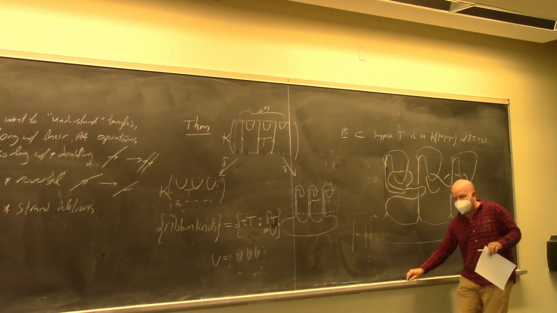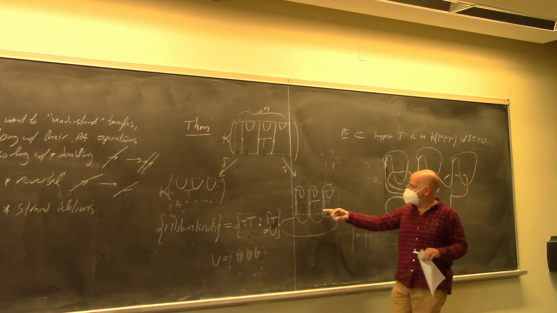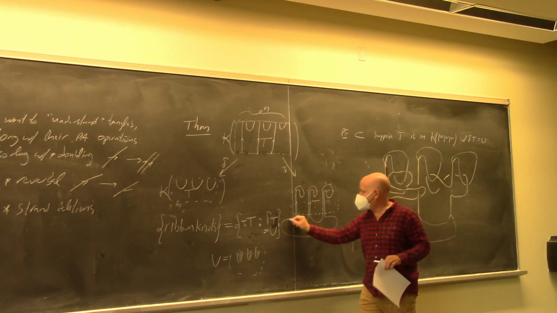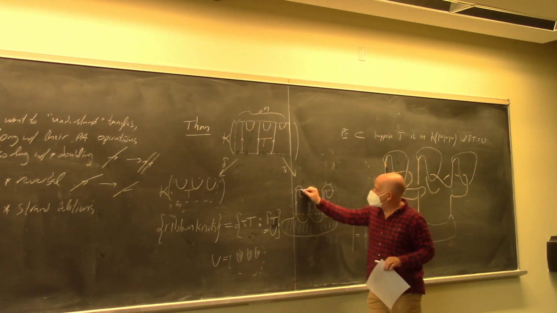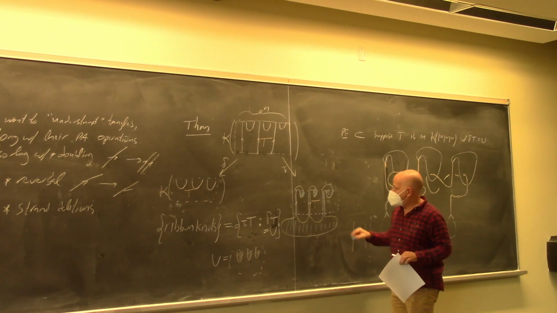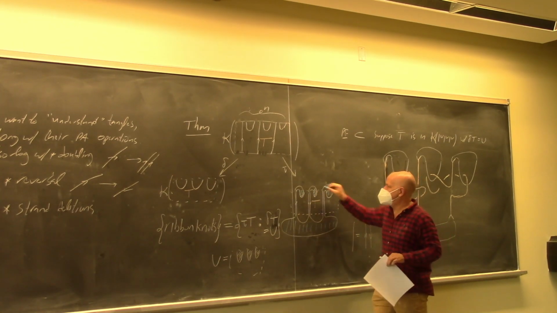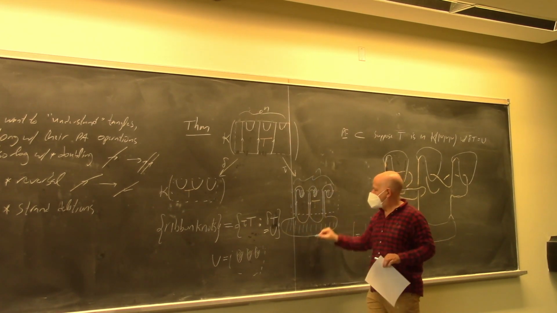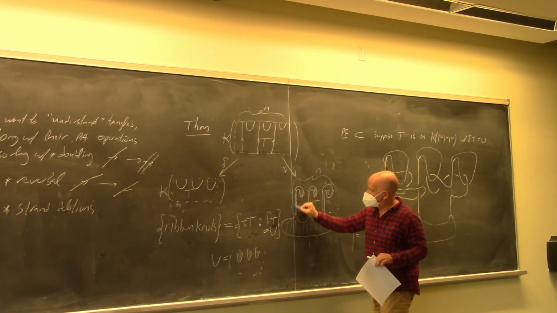But now you automatically get a disk. It's actually easier to see the disk here. The disk is this disk along with a piece of a disk here, a piece of a disk here, a piece of a disk here, and these n+1 disks, so n disks at the top and one at the bottom, are connected with bands.